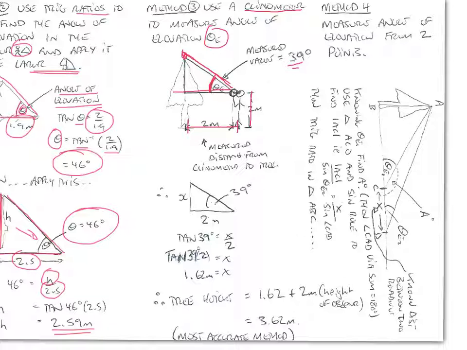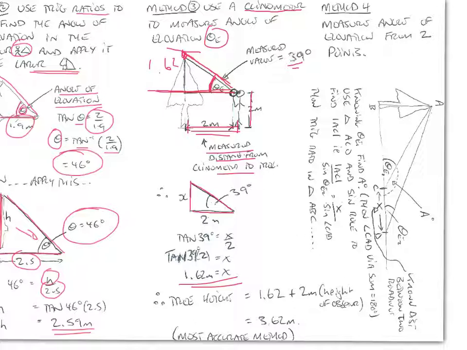Okay, and they'll have measured their distance from the clinometer to the tree here, 2 meters. So therefore we have a triangle of height x that we're trying to find, 2 meters from where the person stood back, and an angle of 39 degrees, and that would tell us that x is equal to 1.62 meters. So that's the difference in height between the person's line of sight and the top of the tree, 1.62.